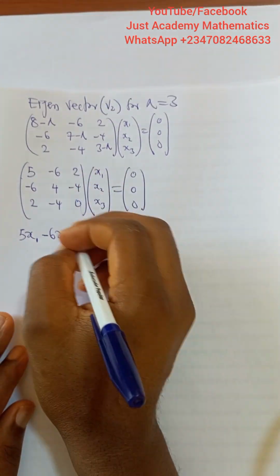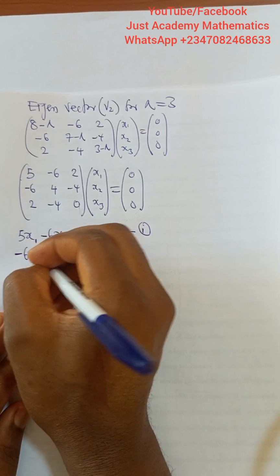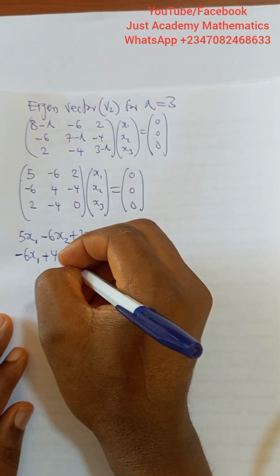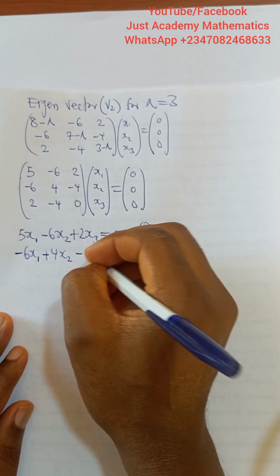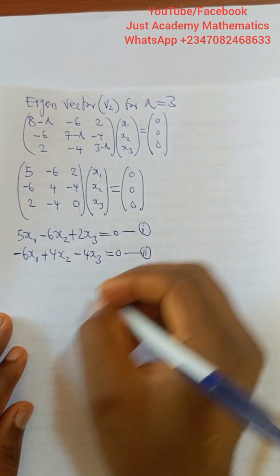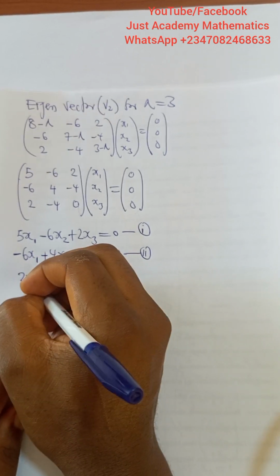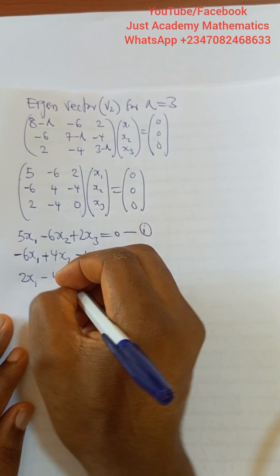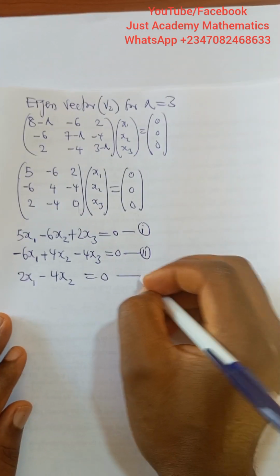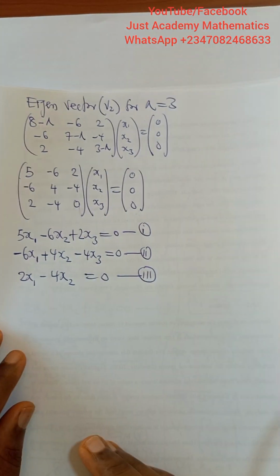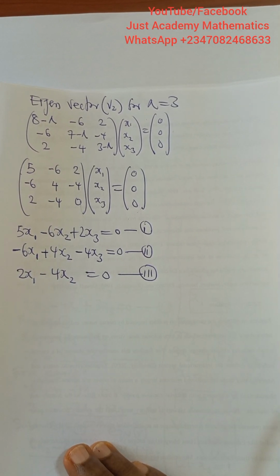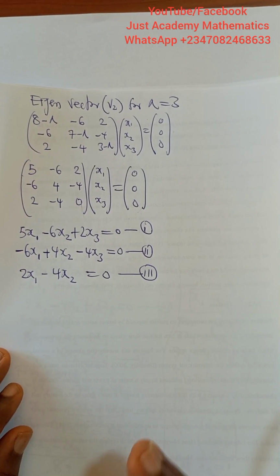Then row times column again, minus 6x1 plus 4x2 minus 4x3 is equal to 0. Equation 2. And 2x1 minus 4x2 equals 0. Equation 3.